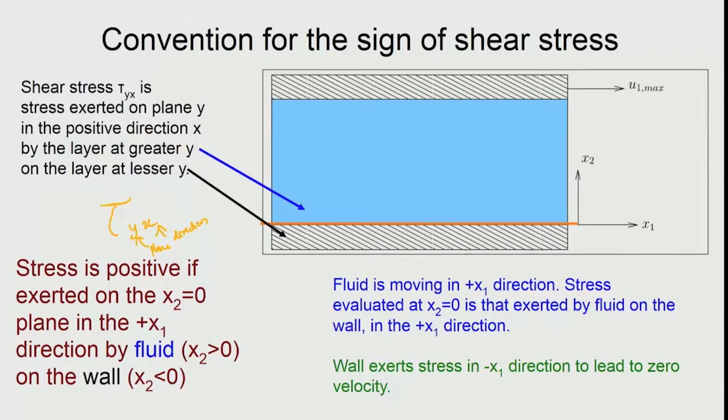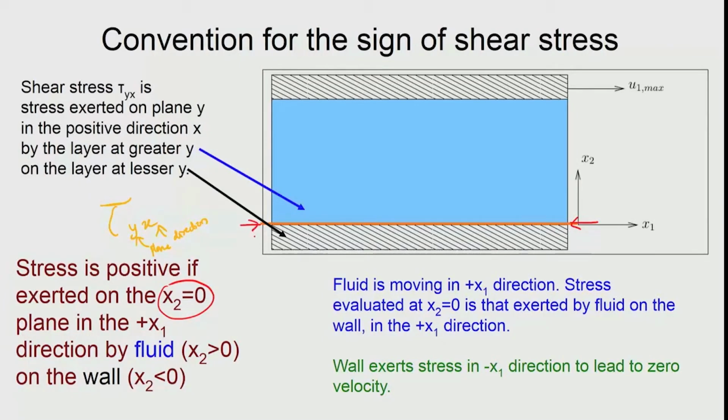So, this is the convention by which the mathematical way it comes out when we substitute different values of x or y, as the case may be, it will all come to be the same convention, because we are using the same expression for the Newton's law, okay. So, in this case, when you take the plane x2 equal to 0, so you see here this plane is shown here in this orange line.